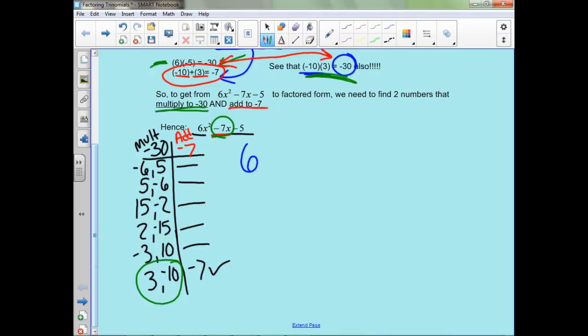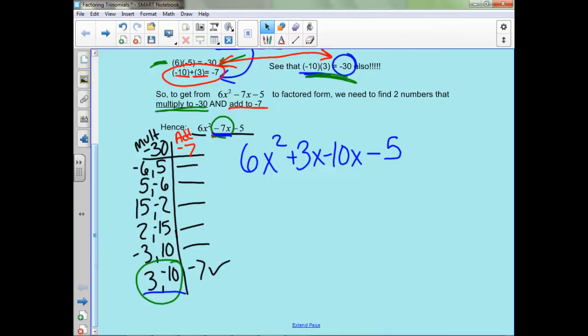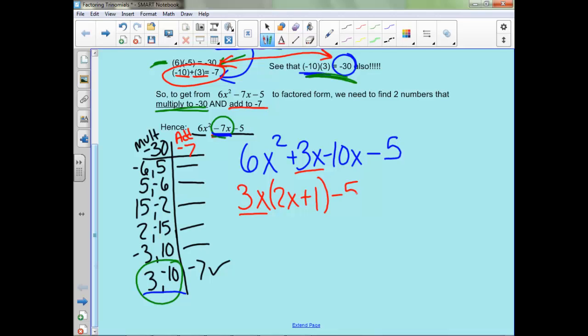So we'll rewrite: we got 6x squared, and now remember instead of this negative 7x, we're going to use these. So plus 3x minus 10x, and then we still have our minus 5. Now we're going to factor by grouping. In these first two we can factor out a 3x. We're left with 2x plus 1, because remember 3x divided by 3x is 1. In these second two we can take out a negative 5.